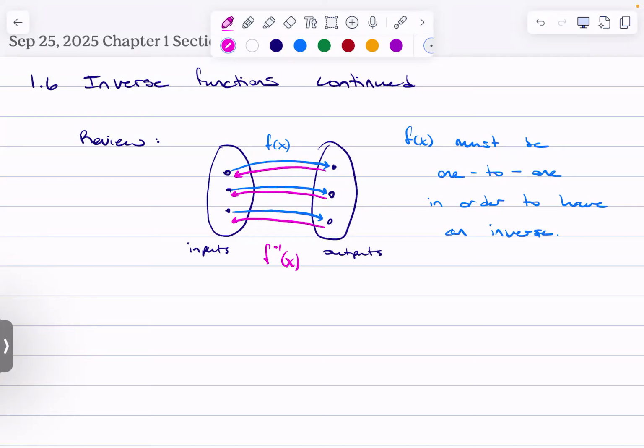Now, instead of the power of -1, we call it just f inverse of x, is how you read it. Which means that the domain of the inverse is the old range of the original function, right? And the range of the inverse is the old domain of the original function, right?